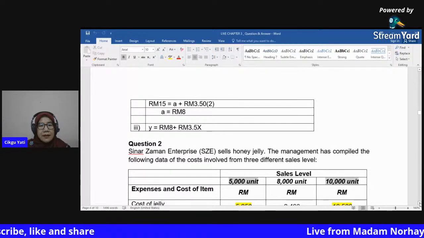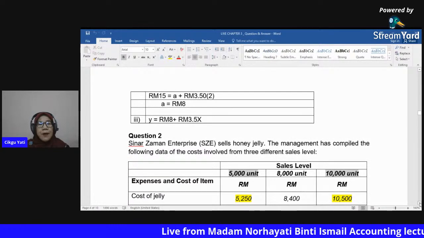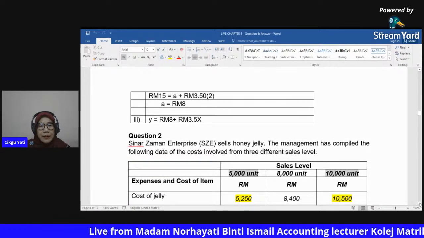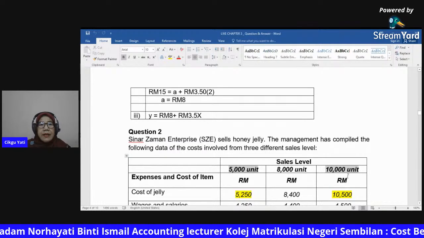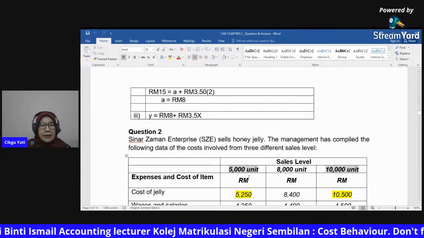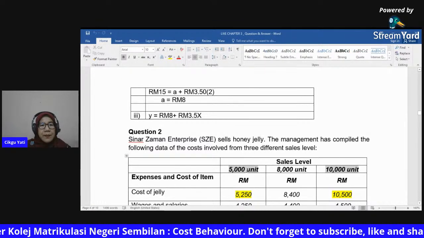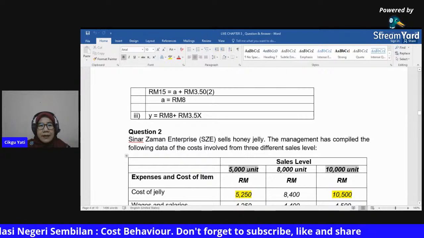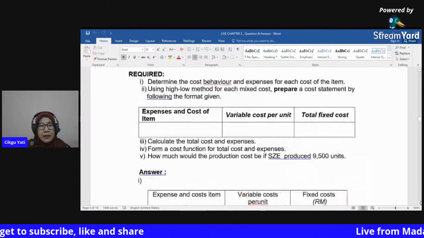When you want to apply the high-low method, you must choose the highest activity and the lowest activity. So we must choose 5,000 units to represent the lowest activity and 10,000 units to represent the highest activity.